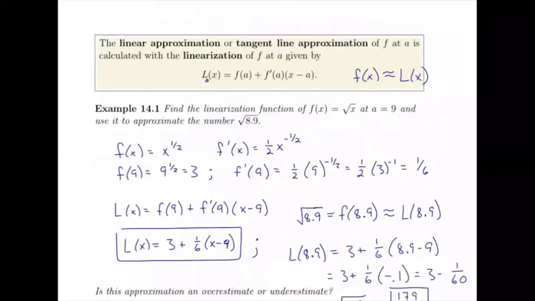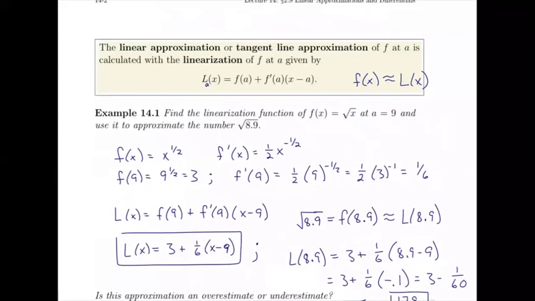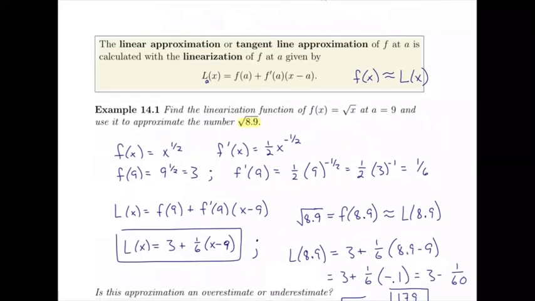Sometimes you'll get a problem that'll say, approximate this root. Use linear approximation to calculate the square root of 8.9. And they won't give you the rest of the problem. So the pieces you need to put together are this. There's a function at work here, and that's the root function. So you're going to write down f of x equals root x, and you're going to want to find the linear approximation of that.